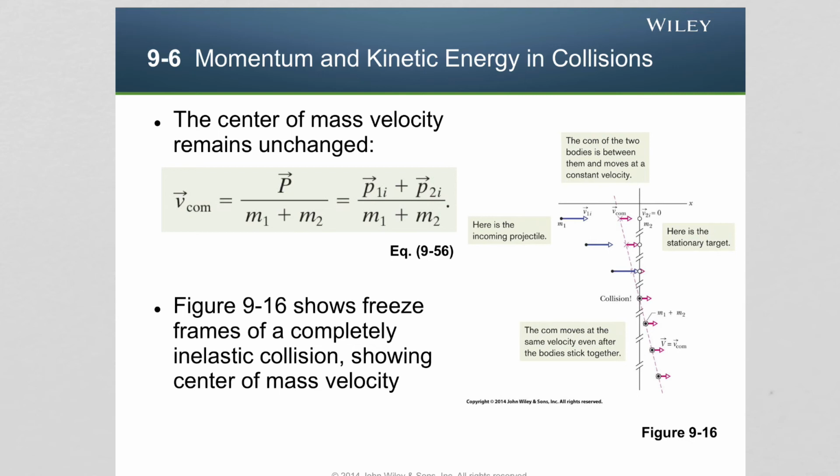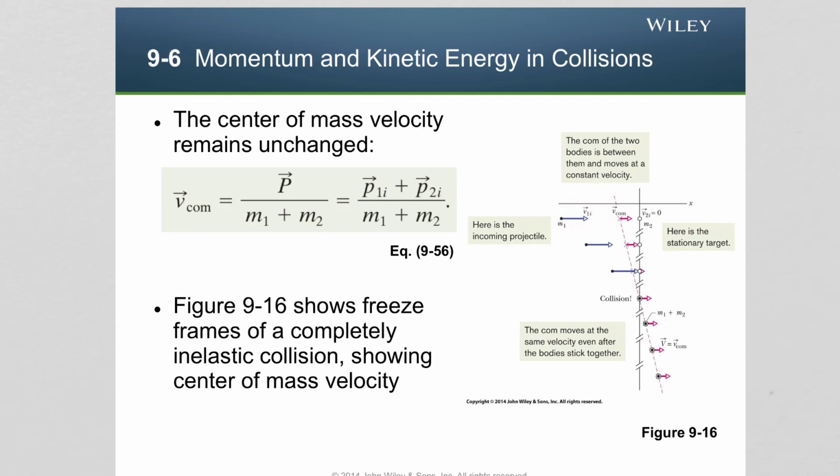So to get an expression for vcom, let's again look at the previous example where we have a stationary mass and a different mass that is moving towards it with some initial velocity. In this configuration, the velocity of the center of mass will be a constant before collision because the velocity of the moving particle doesn't change before collision.